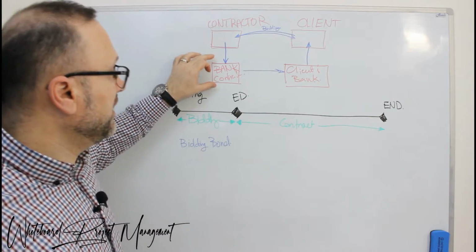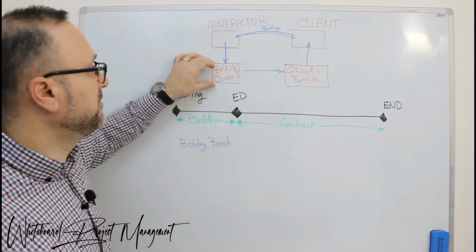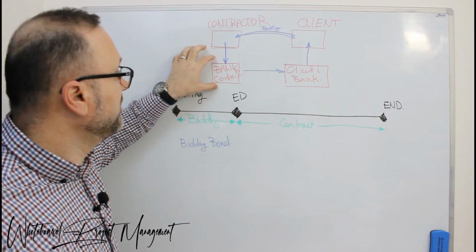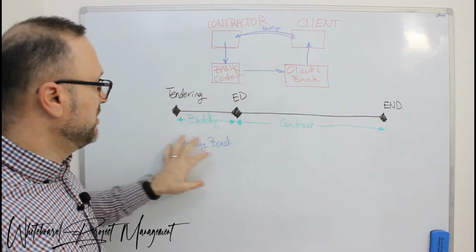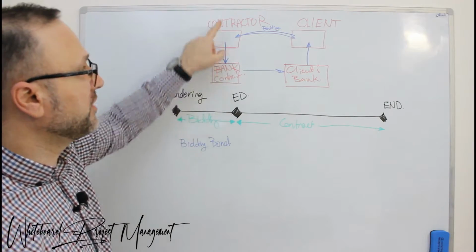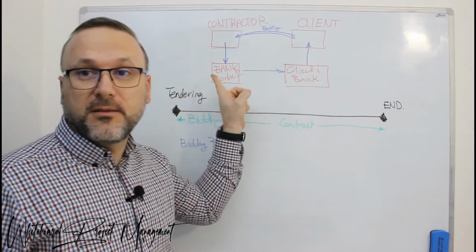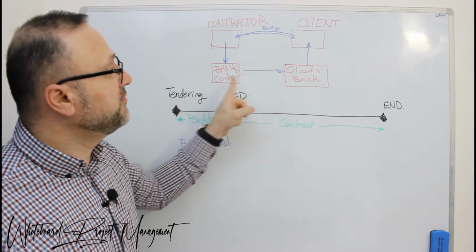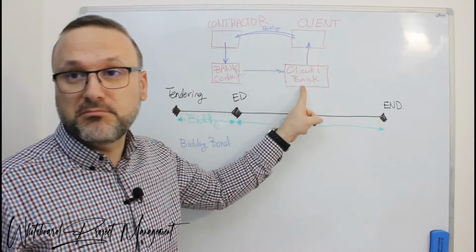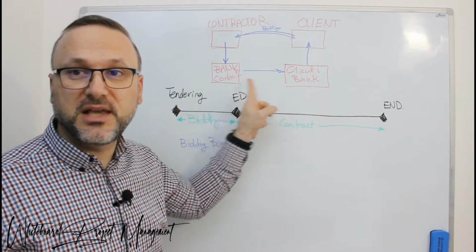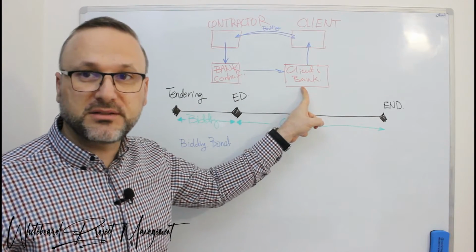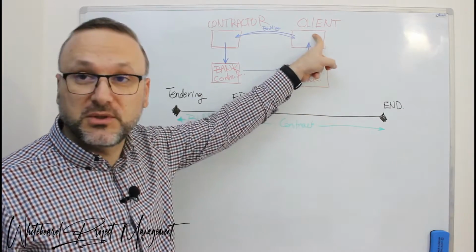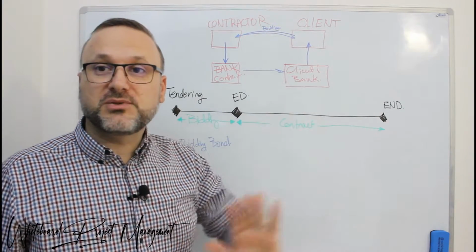So accordingly, the bank will make some internal auditing and checking with the contractor, and then the bank issues the bidding bond for the contractor, and informs the client's bank that this bid has been prepared and is ready, and the client's bank informs the client that the bond is ready.